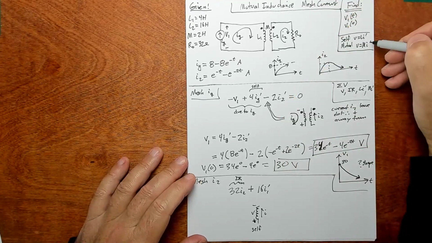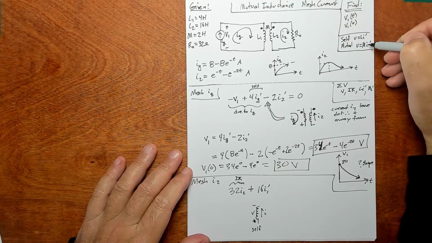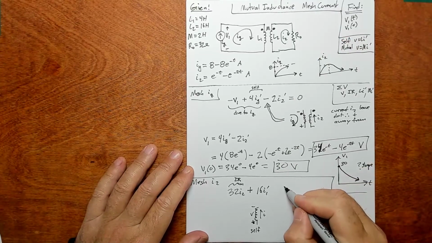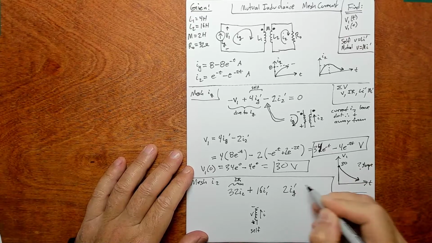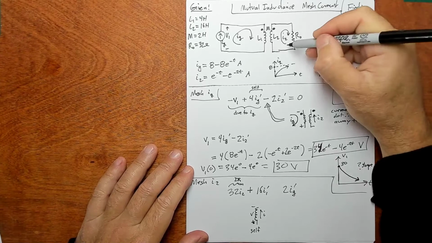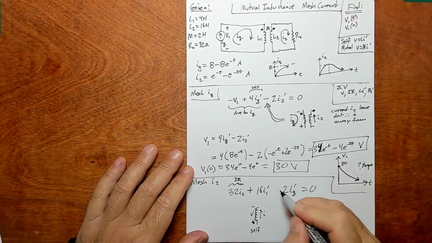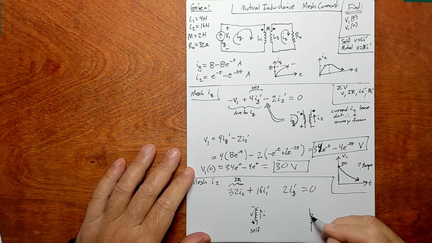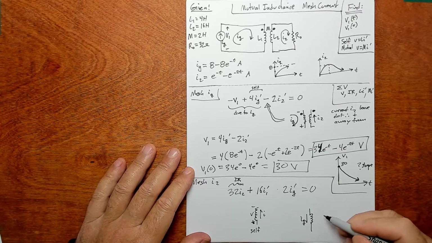But then you have the next term here, this mutual inductance, and that's a little tricky. So it's 2 Ig prime. That's the mutual inductance. So those are the three terms that sum to 0. And then the sign is the tricky part. Once again, you can draw a little picture here. So we've got this guy has got Ig going through him this way.